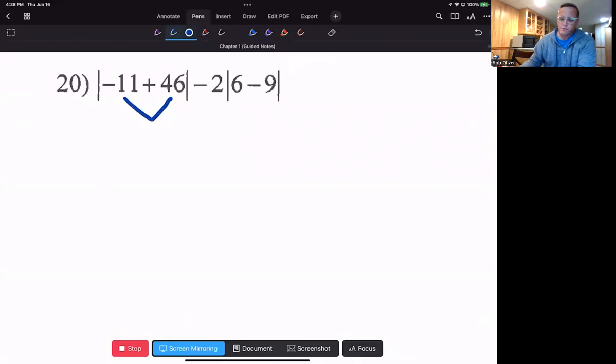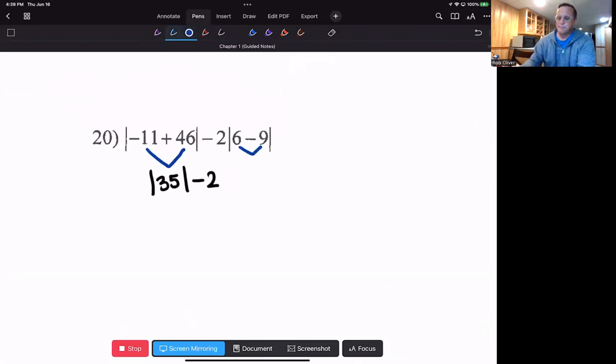So -11 plus 46, so the absolute value of that, well, -11 plus 46 is 35. So I'm going to keep the absolute value here. Absolute value of 35 minus 2, and we might as well just do this part too. 6 minus 9.